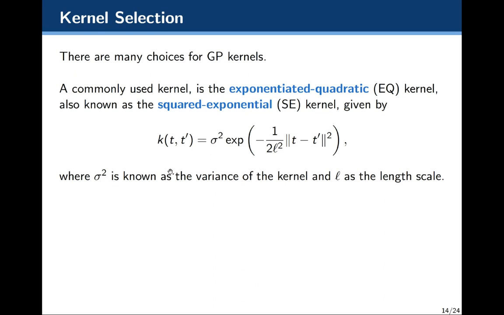Basically, if we want to compute the covariance of the function value at t and t prime, it's given by this exponential here. It says that as t and t prime get closer, the value of this exponential gets closer and closer to sigma squared. And these parameters of our kernel, sigma squared and L squared, are known as the variance and the length scale.